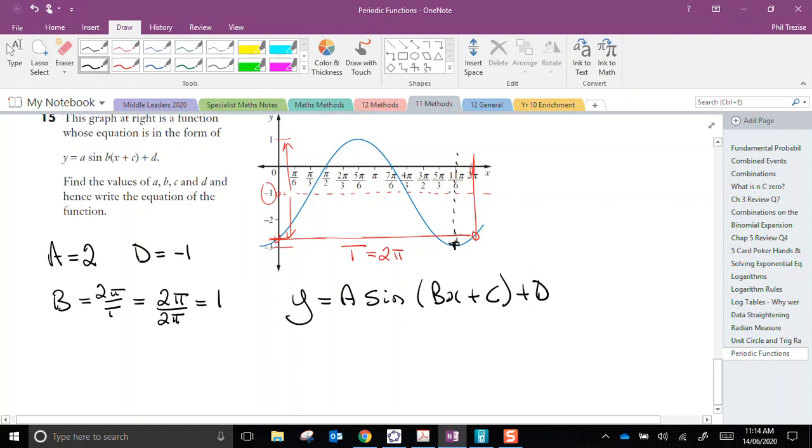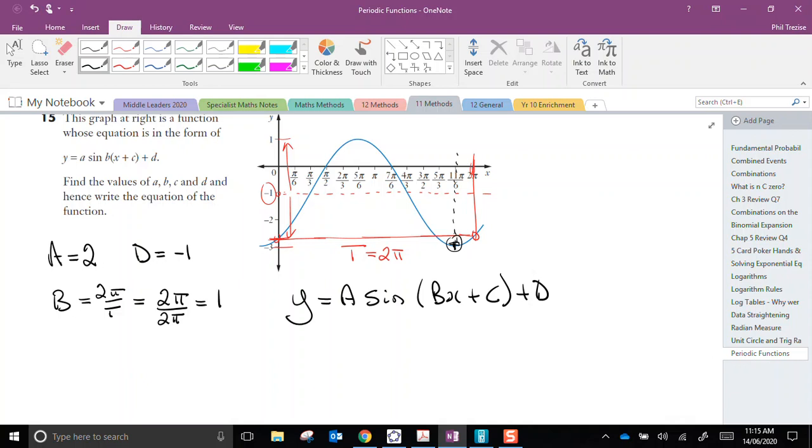Now, the minimum of a graph for sine would usually be back over here somewhere, wouldn't it? So we have to try and work out how far that has moved compared to normal and whether it's moved right or whether it's moved left. Sometimes that's a bit confusing. There's an alternative, slightly easier way to do it. Although, well, let's keep going.